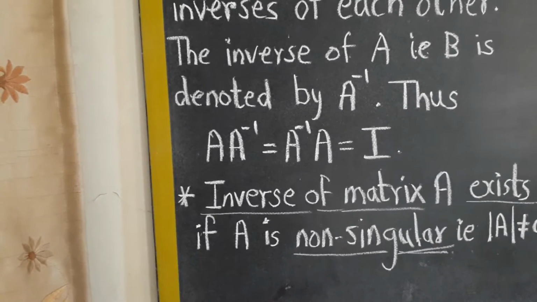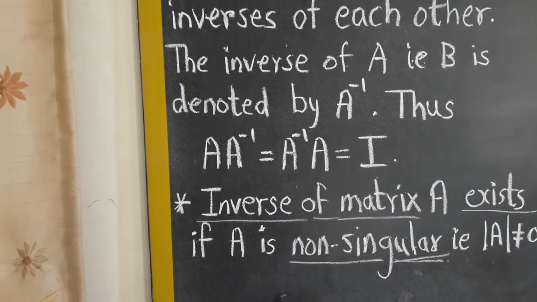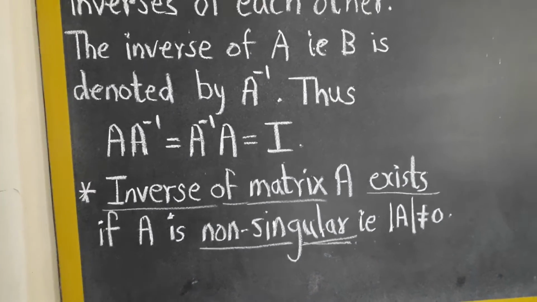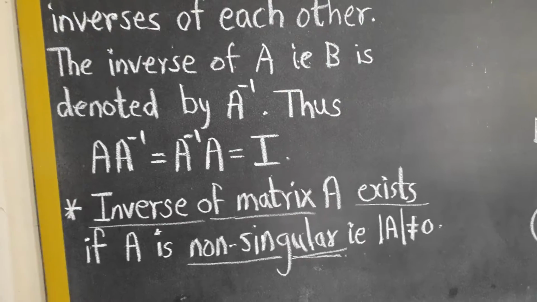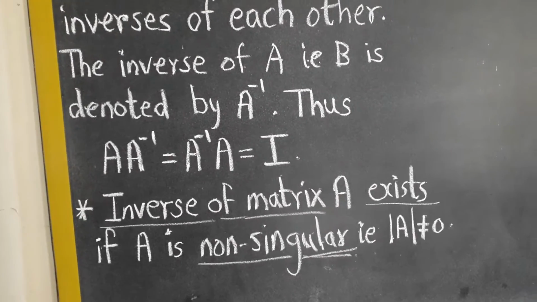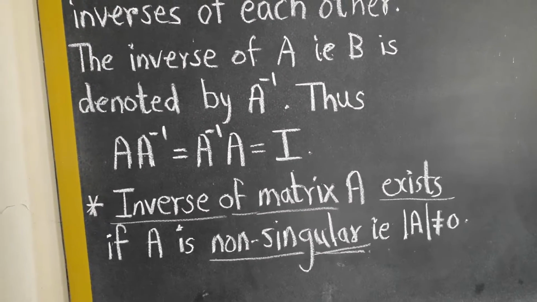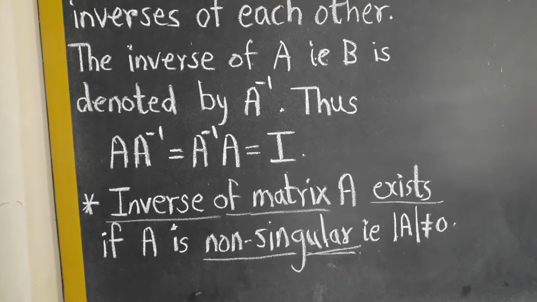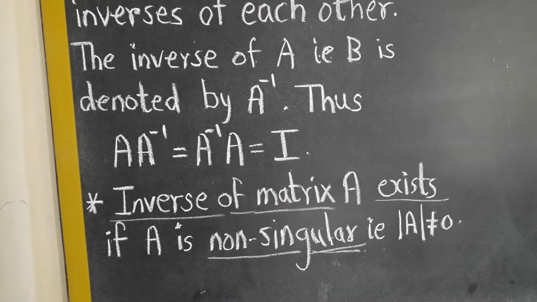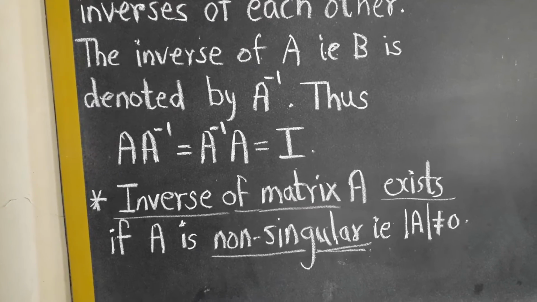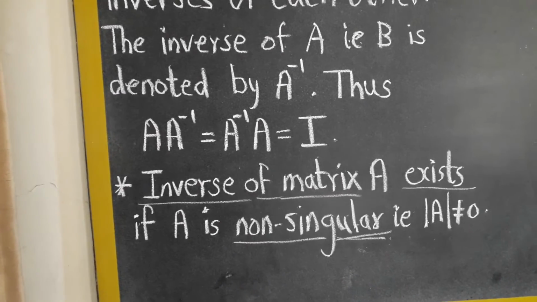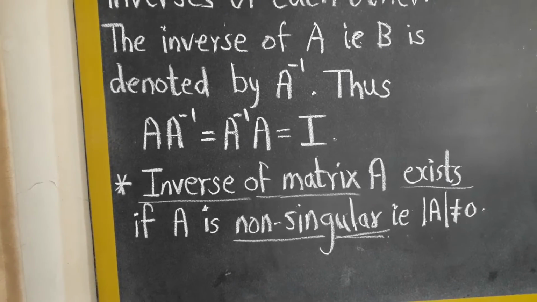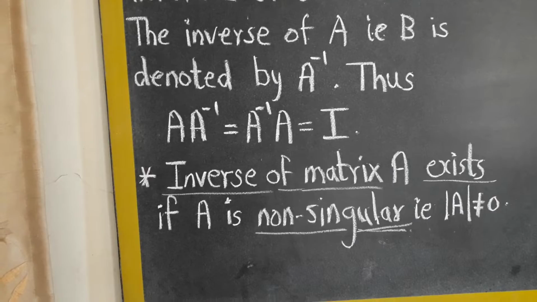The meaning of that is we are supposed to check the determinant of A and find whether it is non-zero. If the determinant of the matrix A is non-zero, it is a non-singular matrix, and in that case the inverse of the matrix exists.